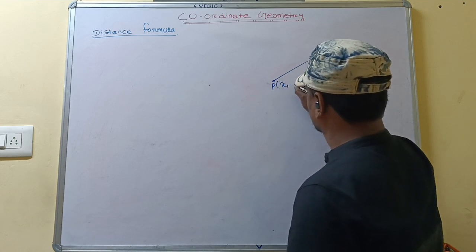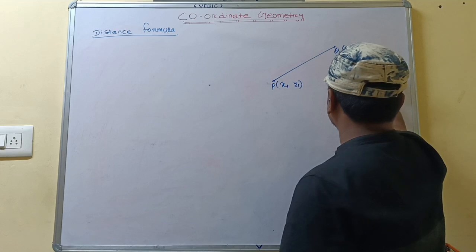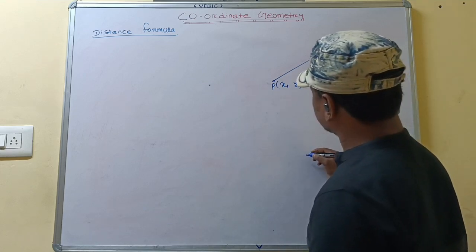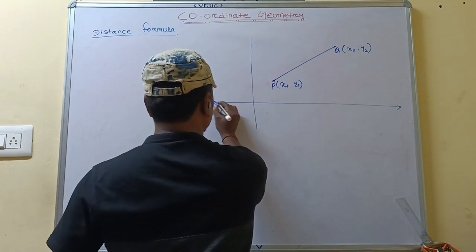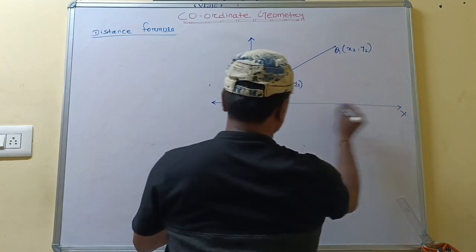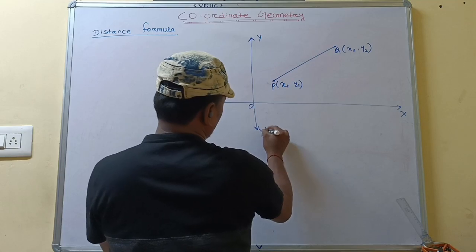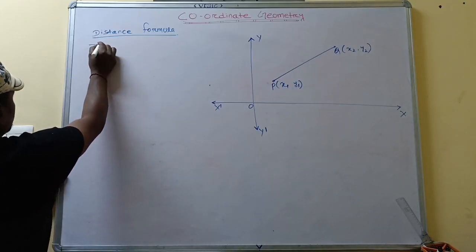Suppose this is x1, this is y1, and Q is x2, this is y2, and suppose this lies on the coordinate axes X'OX, Y'OY. We will find out the distance of PQ.